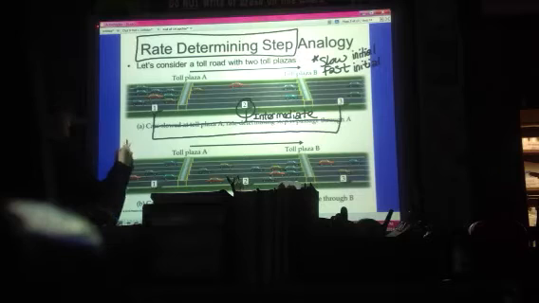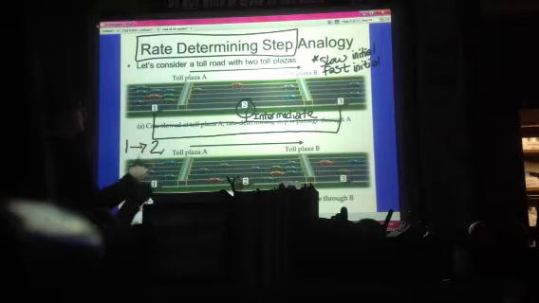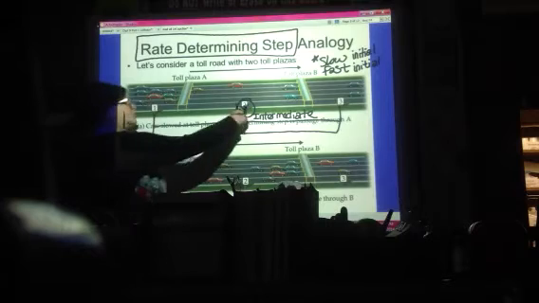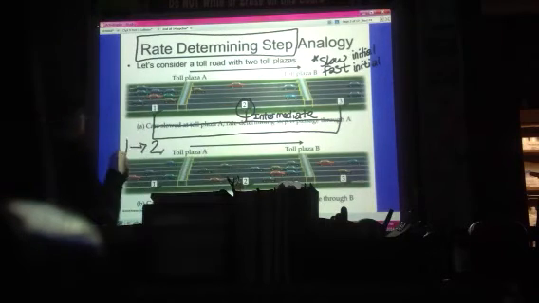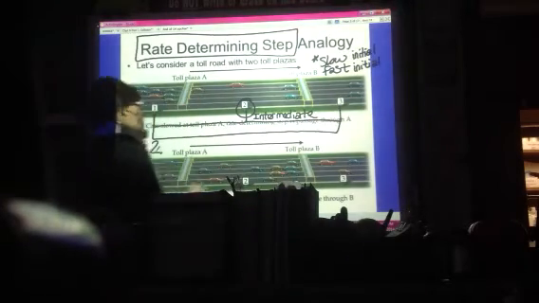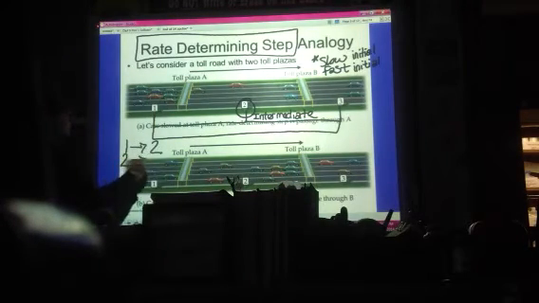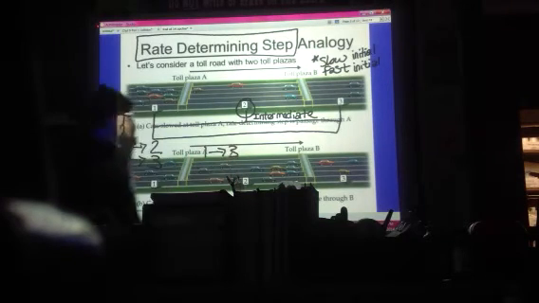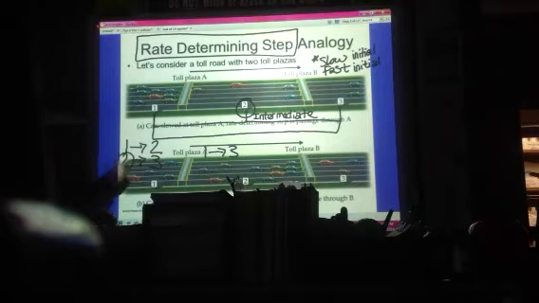So ultimately I have 2 steps. I can get a car from 1 to this kind of checkpoint intermediate place. So I can go from 1 to 2, and then 2 can go to 3. So the overall reaction is going to be 1 to 3, because step 2 is just my intermediate.